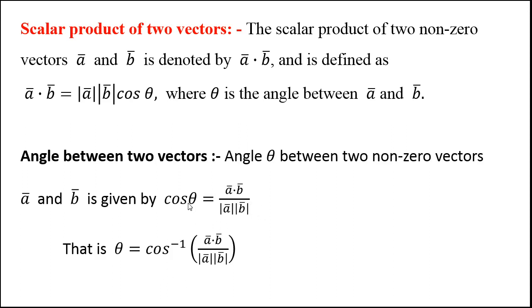We can write this as theta is equal to cos inverse of this dot product a dot b divided by product of their magnitudes. Okay, so this was about scalar product of two vectors. I will first explain all the terms and then we will solve problems.